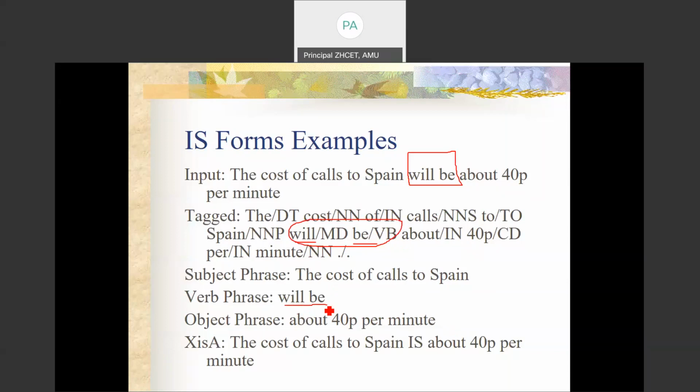Since "will be" is one of the forms of is, we will say that this is an X is A form, with X being "the cost of calls to Spain," and this will be replaced by the standard "is," and "about 40 pence per minute" is A. So when the question comes, what is the cost of calls to Spain? What is X? I know X is A: the cost of calls to Spain is about 40 pence per minute.